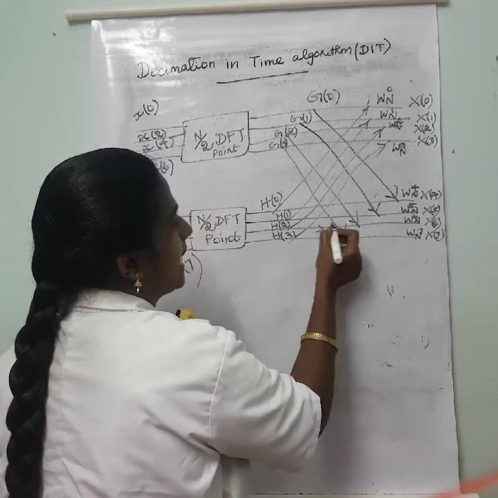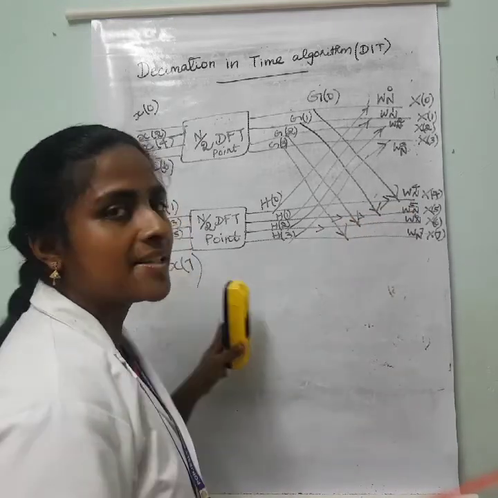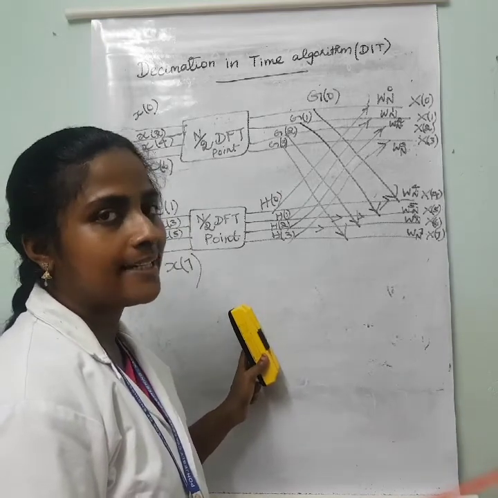And here we have the arrows like this way for the last 4 lines. So this is the first stage of the butterfly diagram.